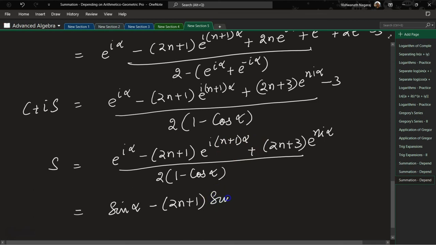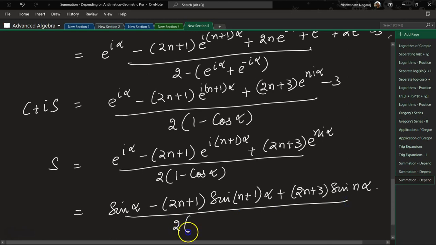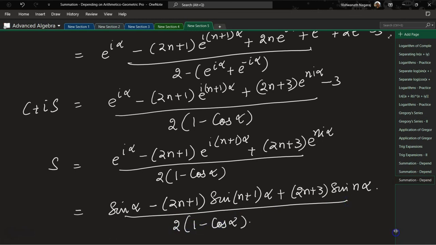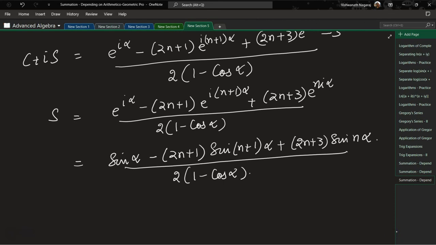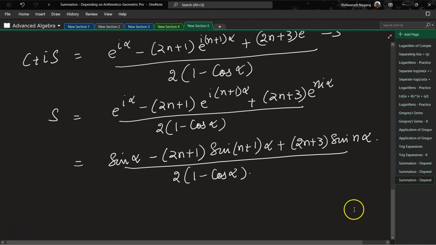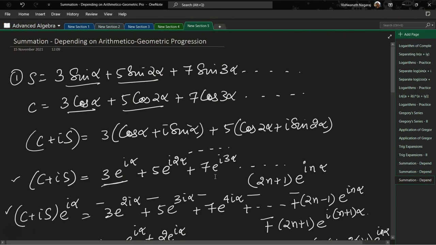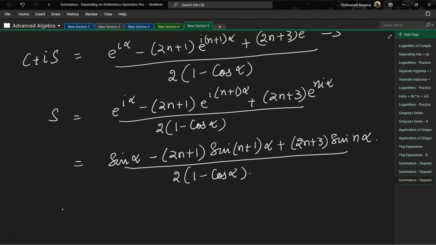So this will be sine(n plus 1)alpha plus, same way, if we convert it to cos plus i sin, we will get (2n plus 3) sine n alpha, divided by 2 times 1 minus cos alpha. So this is the expression to evaluate this series, the sine series. Okay, that's it. Bye.